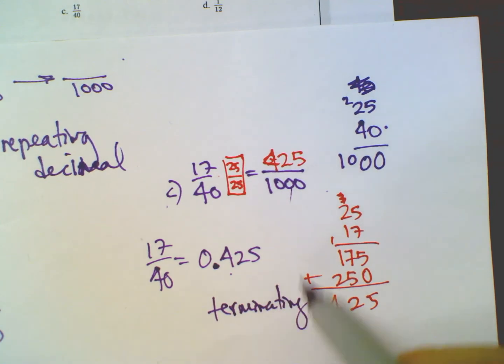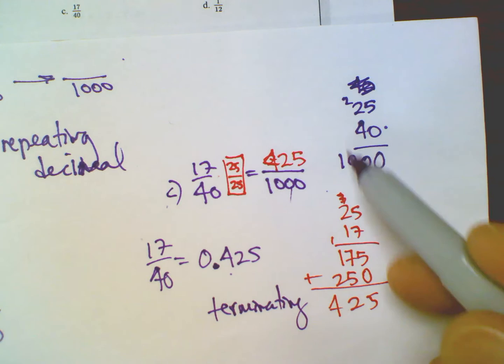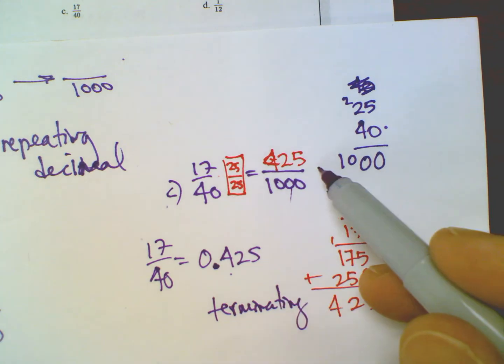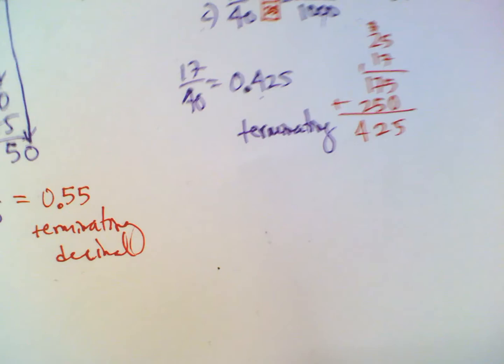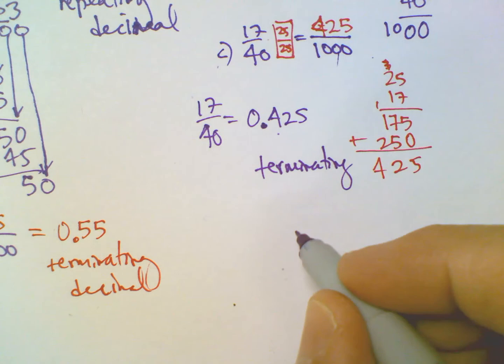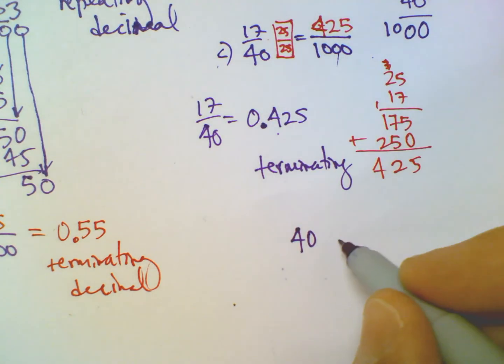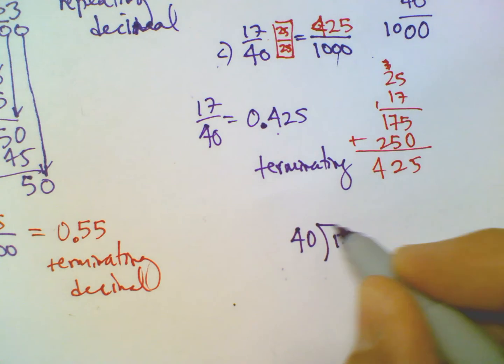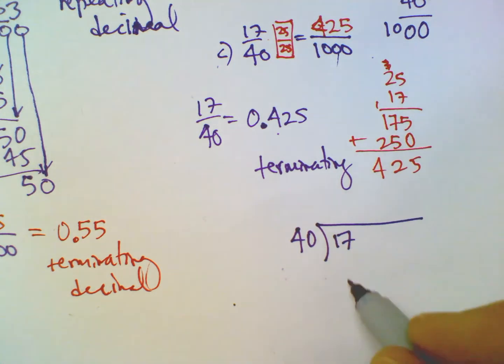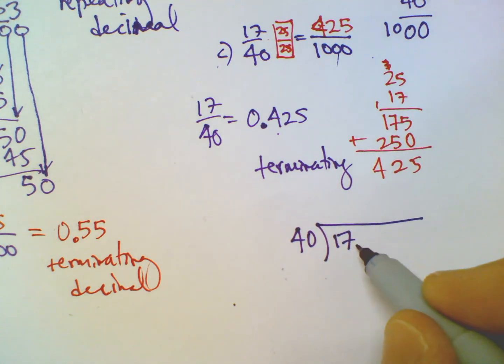If you didn't see the way to do it by the giant one, what would have been the other way to do this one? The other way would have been just to take 40, right? 17 divided by 40 is take 40 into 17 and do the math. Long division, right?